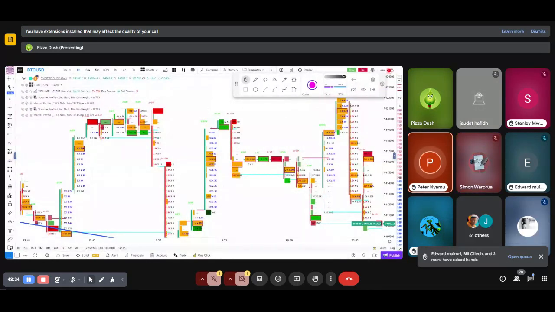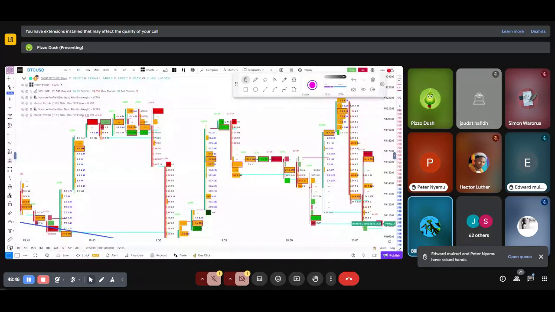Does it matter if the market is in an uptrend or downtrend? Does it matter? As in, suppose it's in an uptrend and you see that the volume of many people is selling. Does it matter there, must you go with the trade as it is? Not necessarily. You can find the market in a downtrend, then all of a sudden aggressive buyers come with millions of orders.